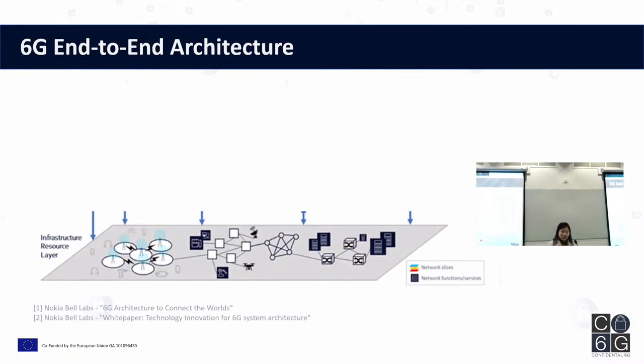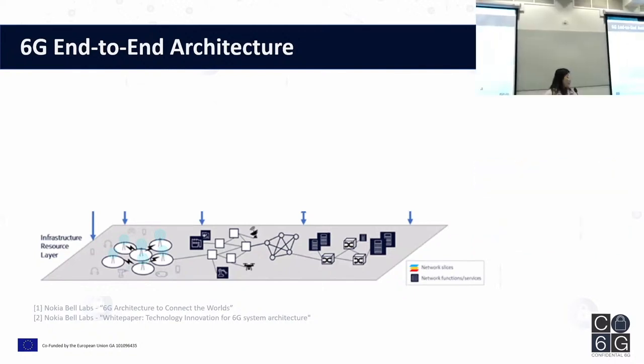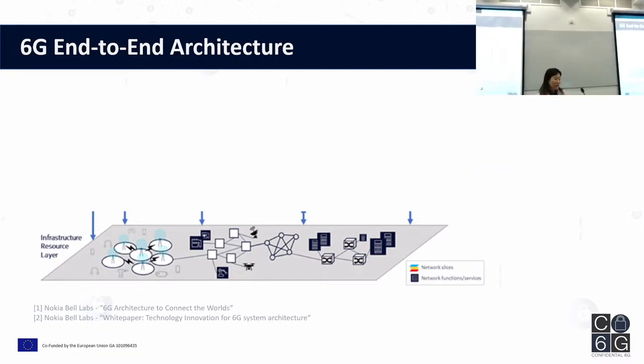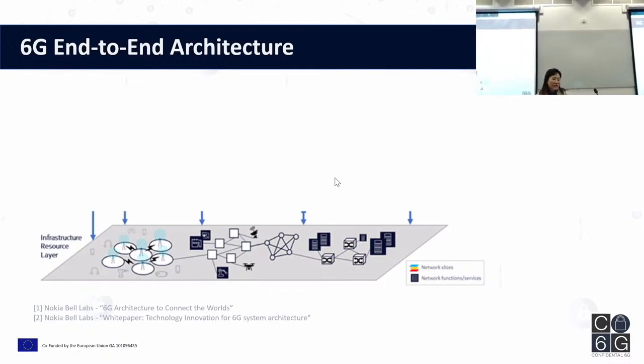Generally, the 6G architecture for the infrastructure layer will be widely applied on the access of the distributed radio access network, and also the terahertz spectrum, and generally compared with the 5G network, it will have higher capacity and lower latency.